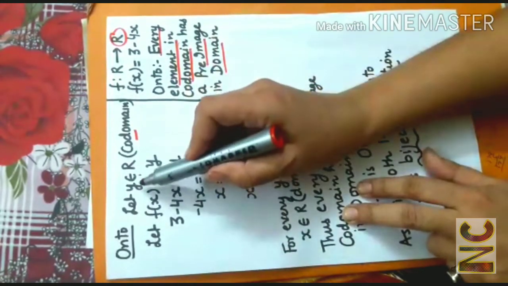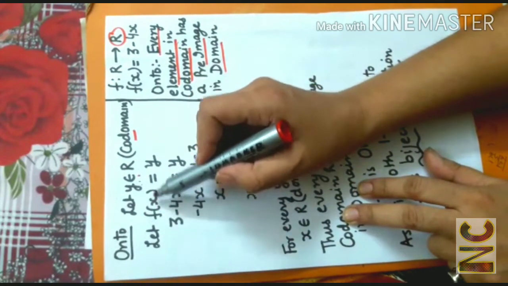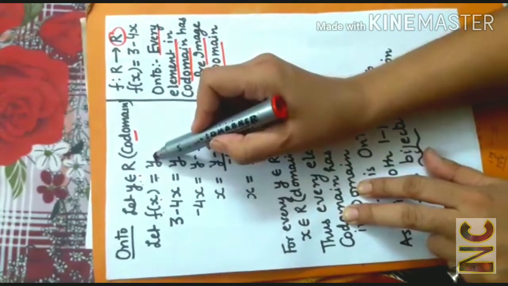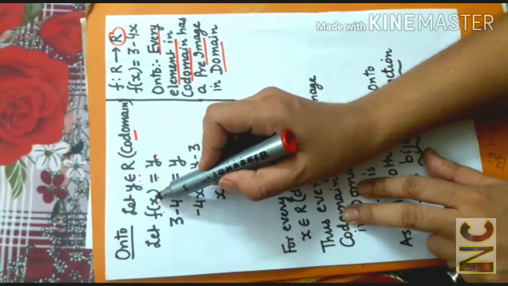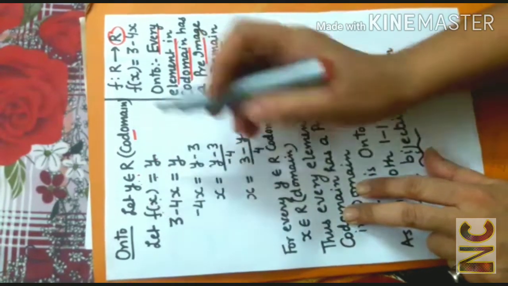So let the pre-image of y be x. So f(x) will be equal to y, because here y is the image and x will be the pre-image.